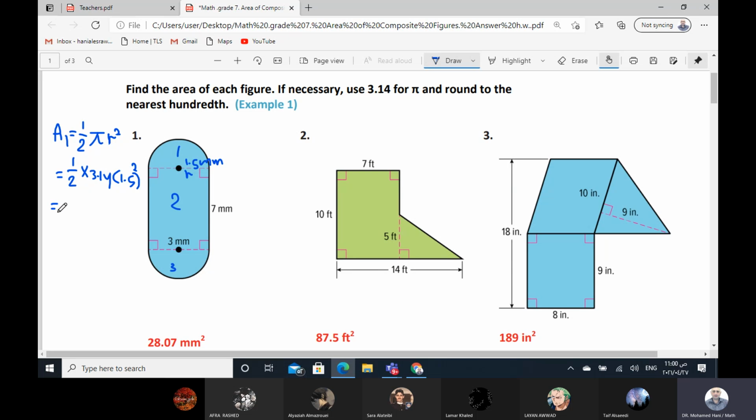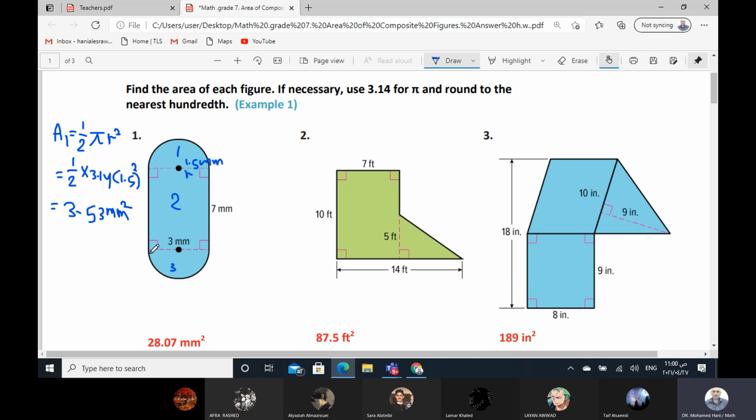Okay, now we can calculate 3.14 times 1.5 times 1.5, because we have 1.5 squared, equals 7.65, divided now by 2. So the answer will be 3.53 millimeter squared.